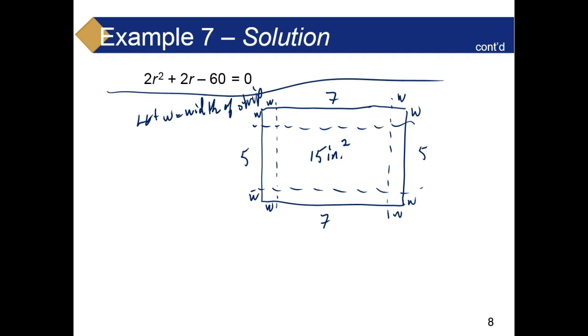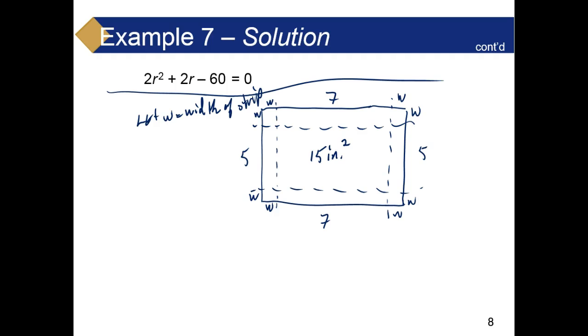Now, what's the question? The width of the strip. Okay? How are we going to do this? You know the area in here, right? What's the area? It's still rectangular. What's the area of a rectangle? L times W. What's your L here?